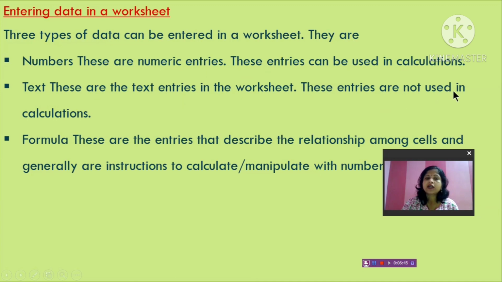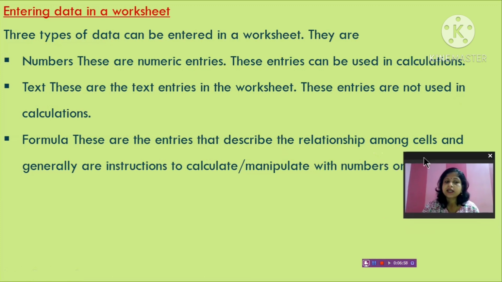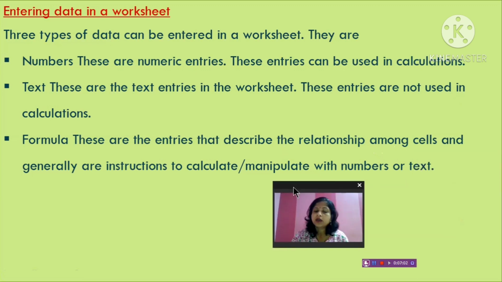These entries are not used in calculations. Formula, these are the entries that describe the relationship among cells, generally instructions to calculate, manipulate with the numbers or text. Formulas are used for calculations.